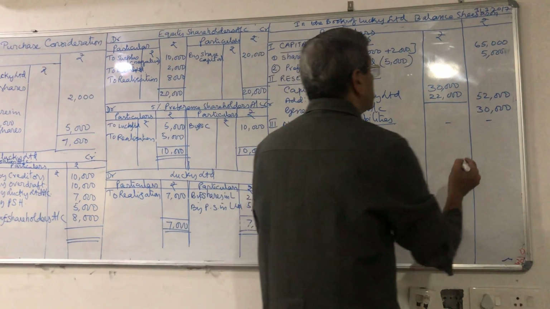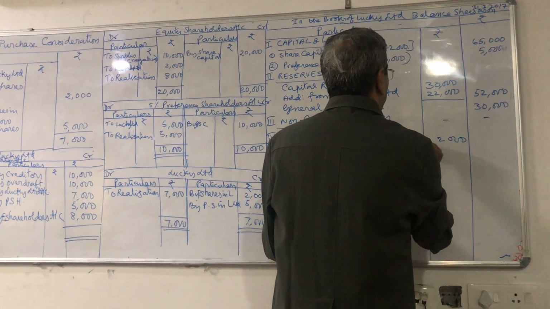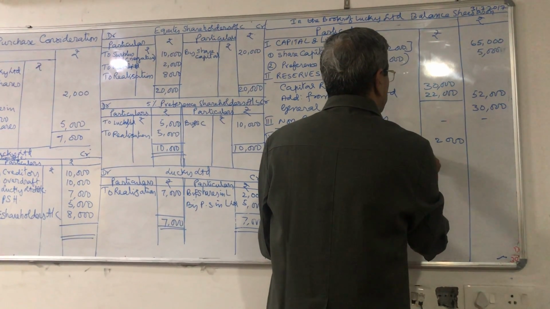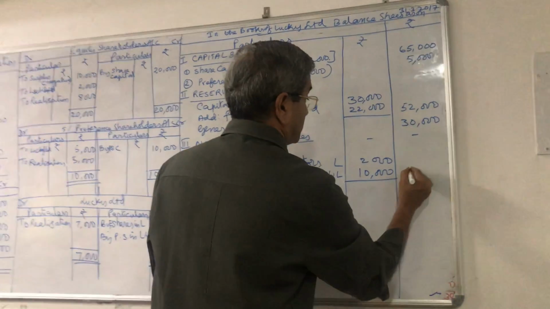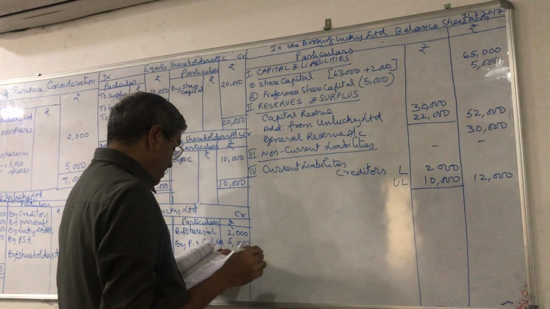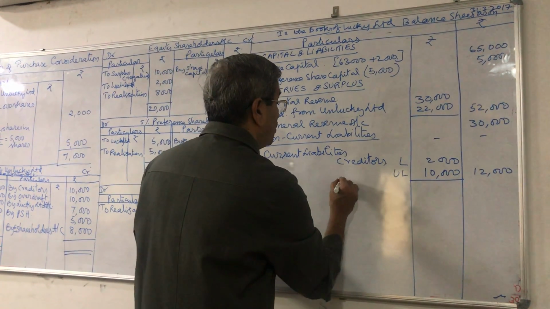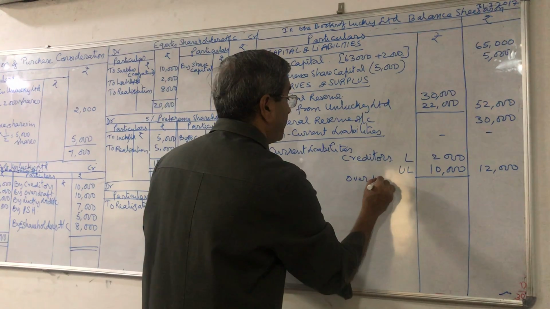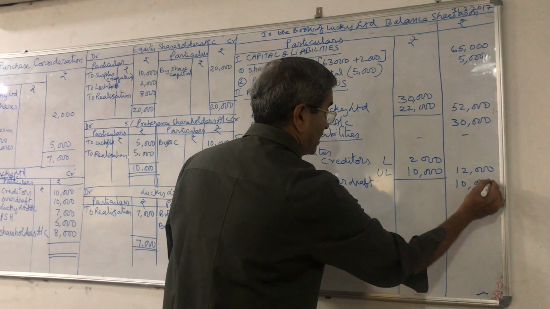You have 2,000 plus 10,000. 2,000 is Lucky Limited, 10,000 is Unlucky Limited, total is 12,000. Then overdraft. Overdraft, you have only one, that is 10,000, Unlucky Limited.